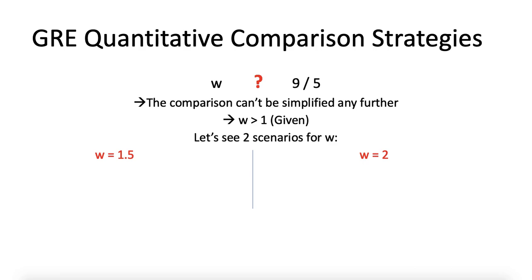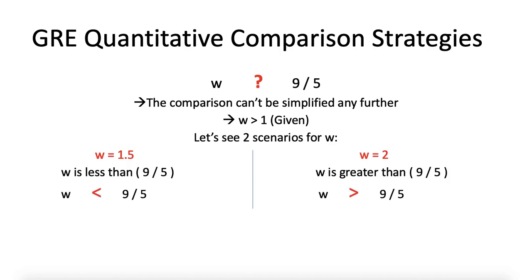And if I consider w as 2, in that scenario w is greater than 9 over 5. So there are two scenarios. In first scenario, quantity B is greater. In second scenario, quantity A is greater. And that's why we have quantity A possible in one scenario, quantity B possible in other scenario. That's why the answer must be option D, choice D.